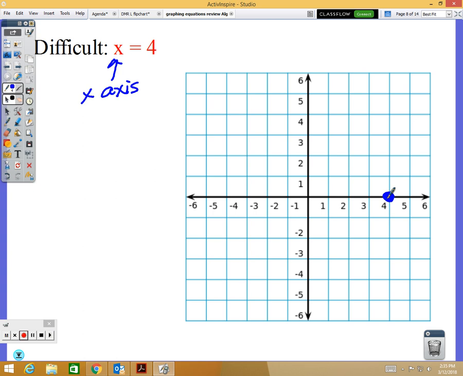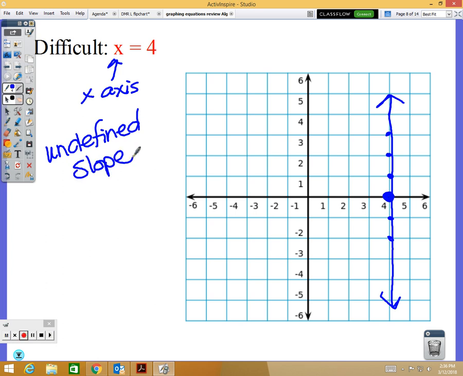So that means it could be here, here, here, all down through here. What type of slope is that? Undefined slope. But again, be looking for that y equals just a number, it's on the y-axis. X equals only a number, it's going to be on the x-axis, okay?